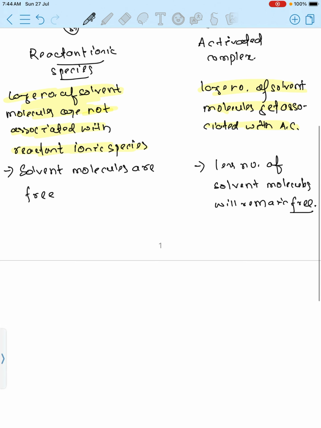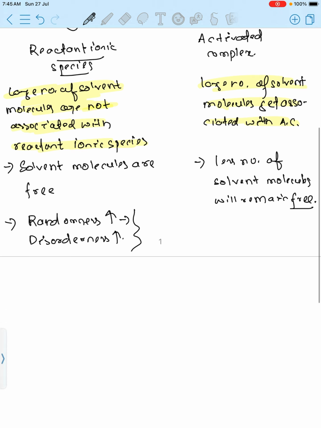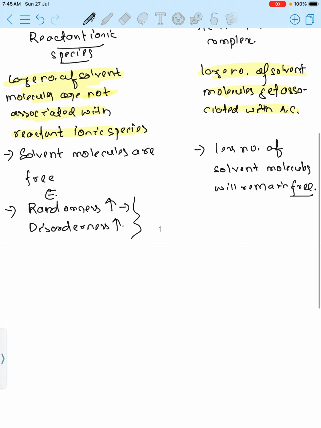And if a large number of solvent molecules are free, they are able to move in any possible direction. Their motion is random. That means the randomness of the system is higher, or the disorderness of the system is very high. And the measure of randomness or disorderness is nothing but entropy. That means entropy in this case will be very much higher.